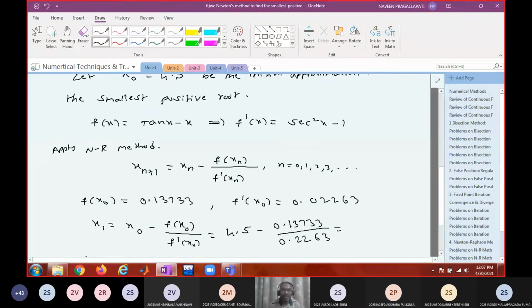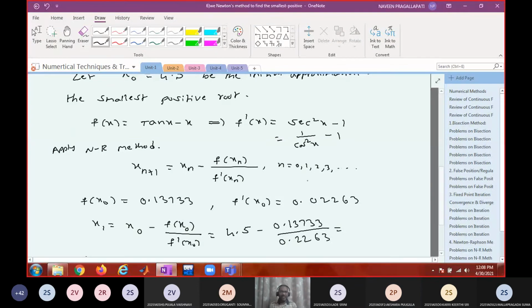Secant square x minus 1 means what? This has to be 1 by cos square x minus 1 only, no? So you take cos x first. What is cos 4.5? Square it. Then reciprocate and subtract 1. We can do tan square of x. How come tan square?